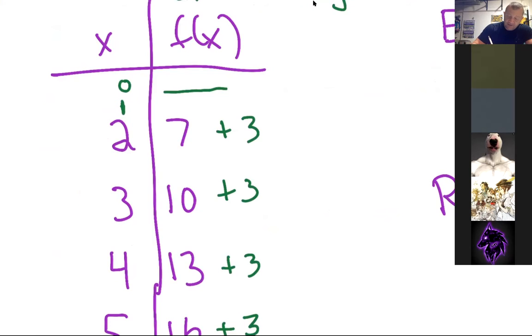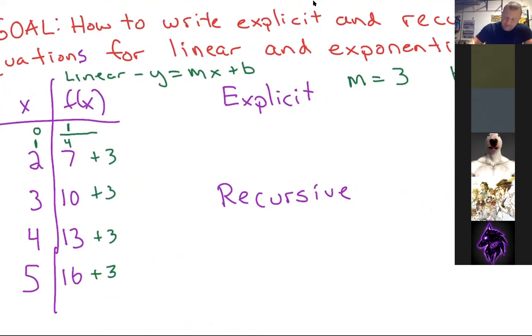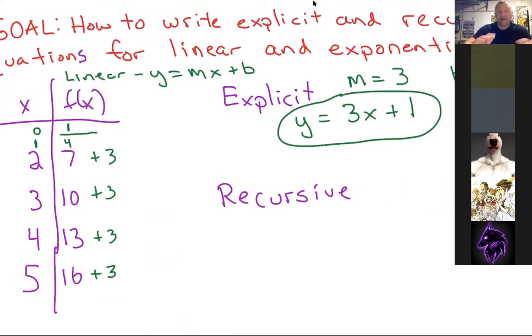It's adding 3, so this would go down 3 to 4, and 4 is across from 1. But then if I go down another 3, what's across from 0? 1. So m is 3 and b is 1. I'm going to write y equals 3x plus 1. And if you write f of x equals 3x plus 1, I like that even more.